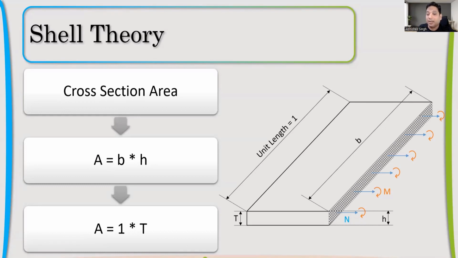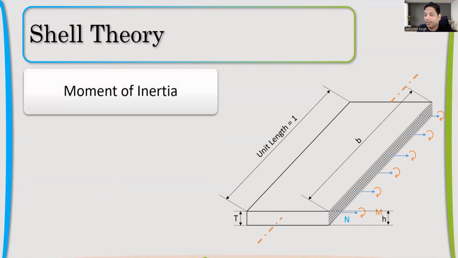Now, if I tell you to calculate the moment of inertia on this cross section because of M, like if this is a plane, and if you have to find the area moment of inertia for this part, how can you get that?